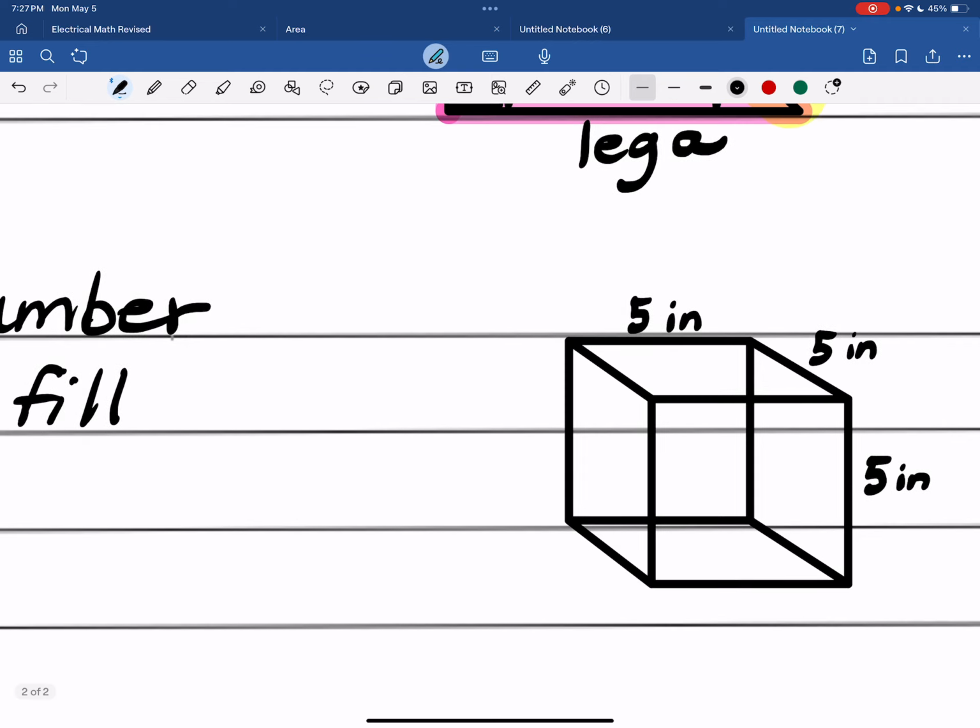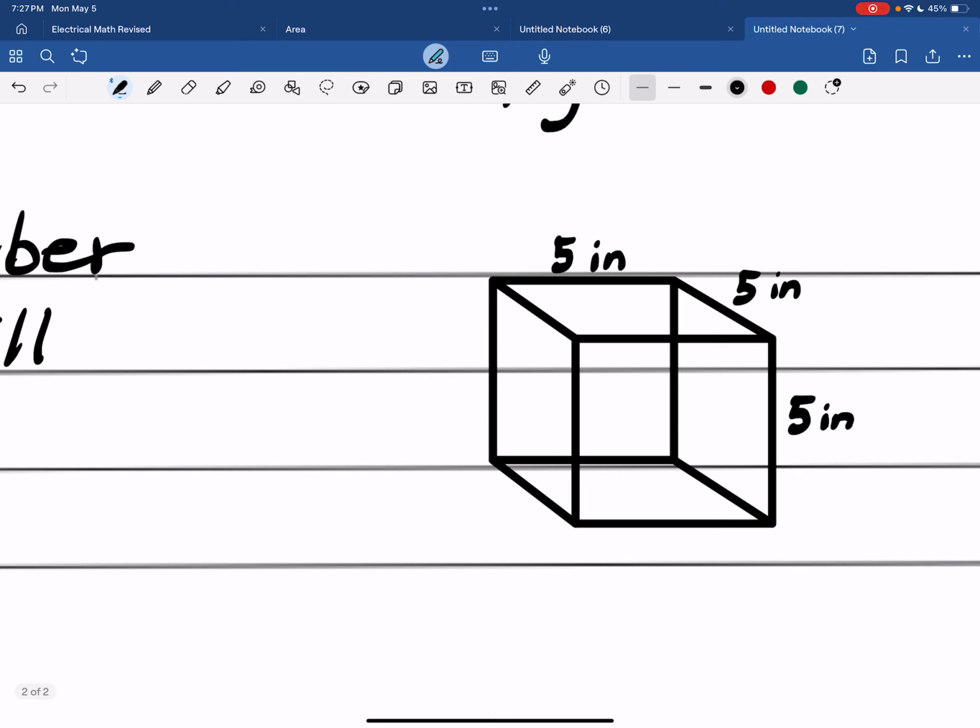And I want to know how many cubes it would take to fill this space, to fill it to capacity. Like you would fill a fish tank with water, or a block with cement, or a duct with air. How much air would it take to fill this cube?